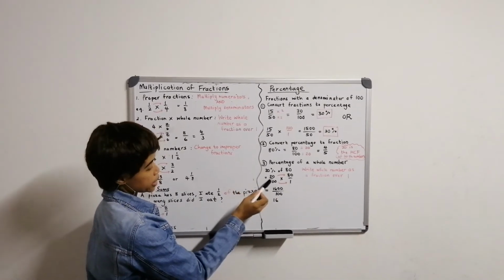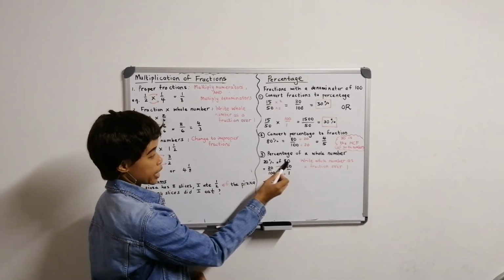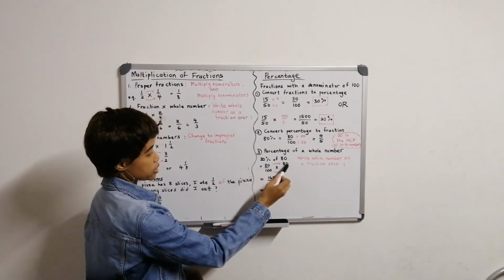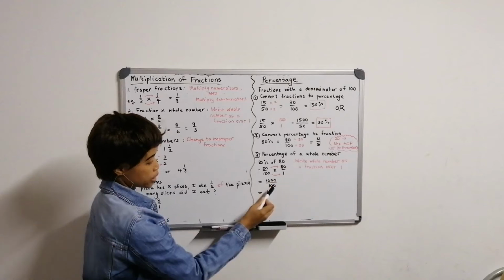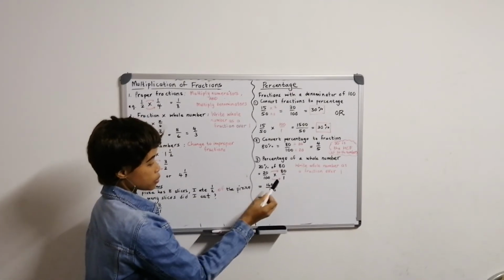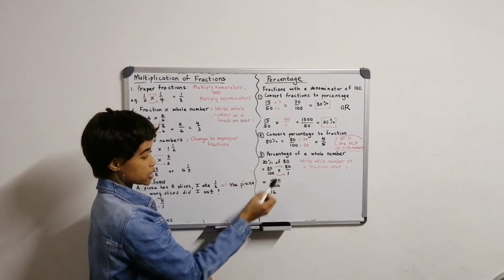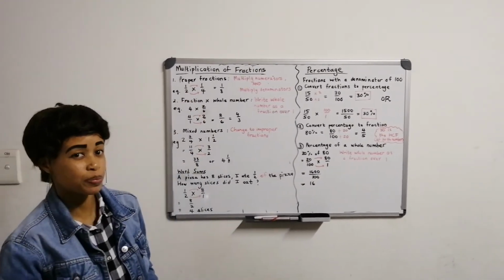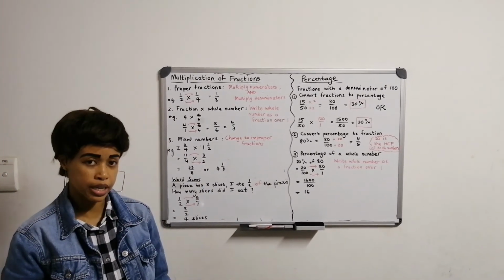So 20% is the same as 20 over 100 times 80 over 1. Multiply the numerators. 20 times 80 is 1,600. 100 times 1 is 100. Divide the numbers and you get an answer of 16. So 20% of 80 is 16. Now, I hope you have a better understanding now of multiplication of fractions as well as of percentage.